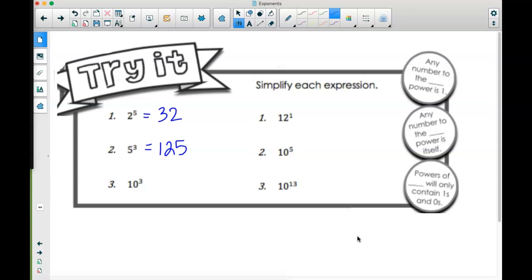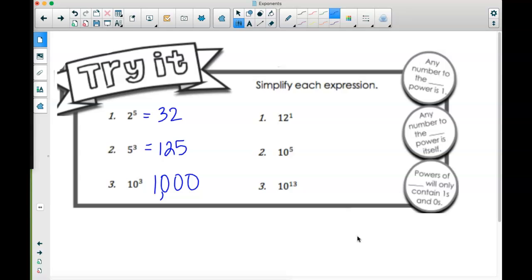Okay, 10 to the 3rd power. 10 to the 3rd power is actually really easy to do in your head, because anytime you have a base of 10 with a power, it's a 1 with 3 zeros. So you should have had 1,000 there.